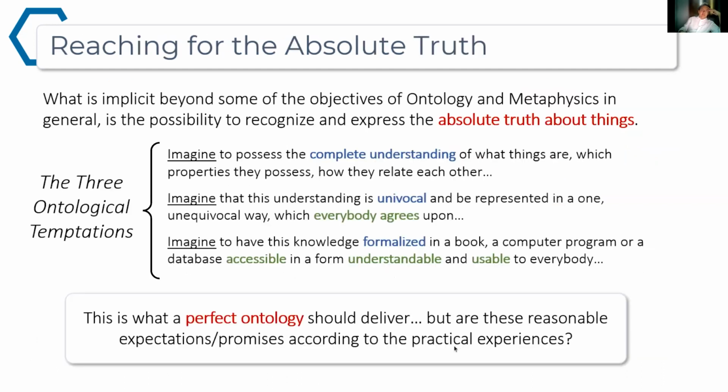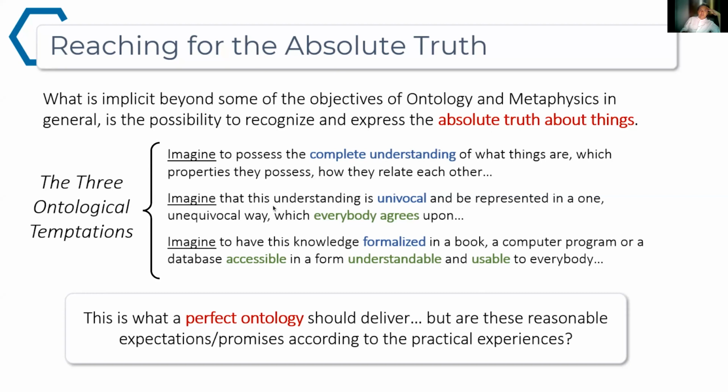But what we can identify in the ambition of these philosophers is that what they want to grasp is the absolute truth about things. So there are three ontological temptations when one approaches ontologies. You can imagine that it is possible to completely understand what things are, what their properties are, how they relate to each other.